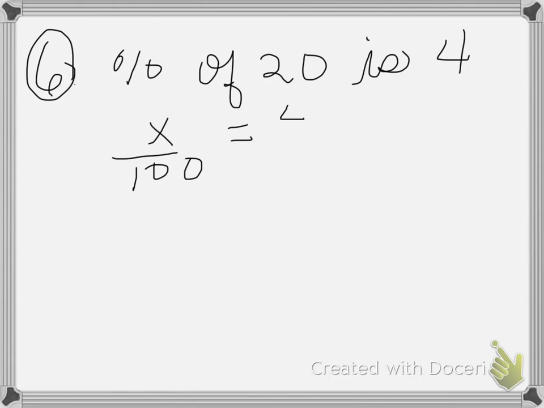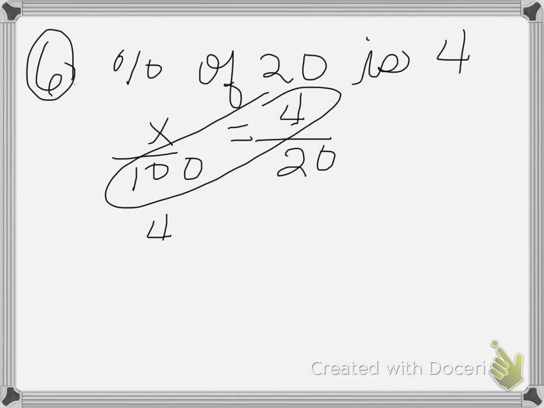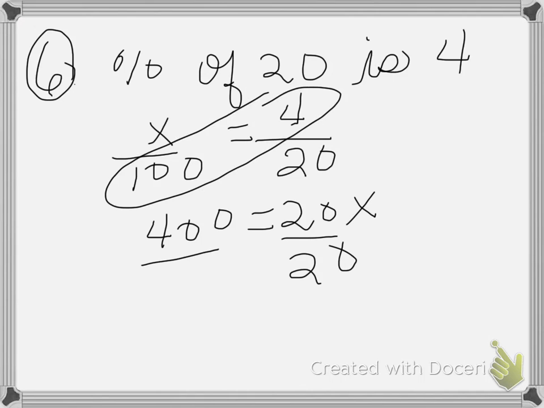So the small number always goes on top because that's the part. The whole thing is 20. That helps you to remember that. Cross multiply, and you have 400 equals 20x. Now we're going to divide both sides by 20. So x equals what? 20. Very good.